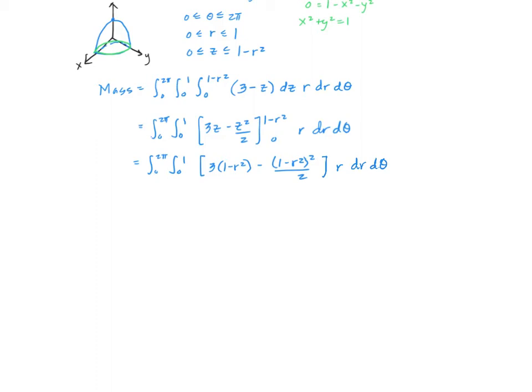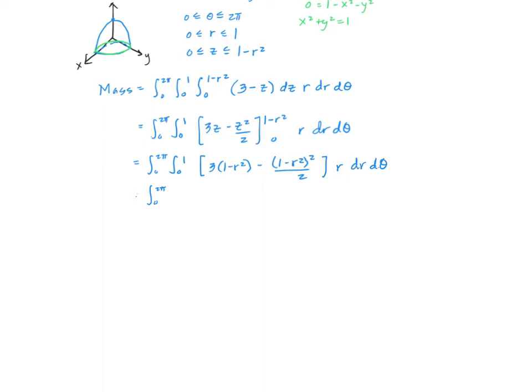If I go ahead and simplify inside the brackets, I think I'll just multiply everything out and combine like terms. In fact, I think I'm going to go ahead and bring out a 1/2 as well.